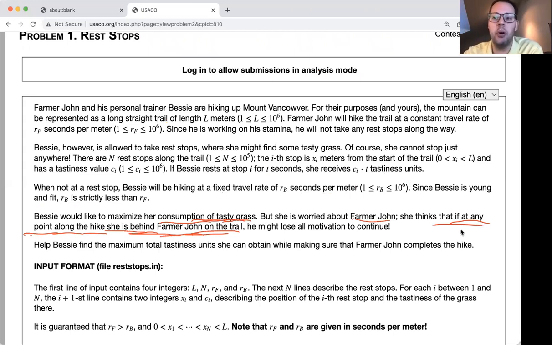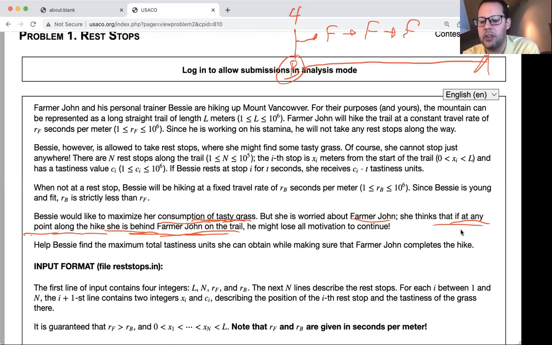That's important to note, because if there was a really tasty spot right here, for example, say tastiness 4, and Bessie gets to this spot, and the ending is way down here, even if Bessie is much faster, she is not going to allow Farmer John to travel past that spot while she's still here. Even if she knows she can make it to the finish before he gets there, that still is not allowed.